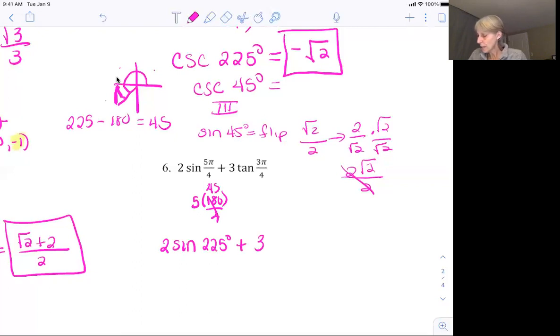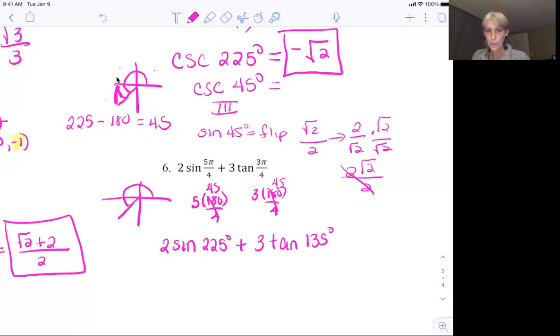Plus 3 times 180 divided by 4. 3 times 45. 3 times the tangent of 3 times 45 is 135. Now all I have to do is find each reference angle. 225 is in quadrant 3.